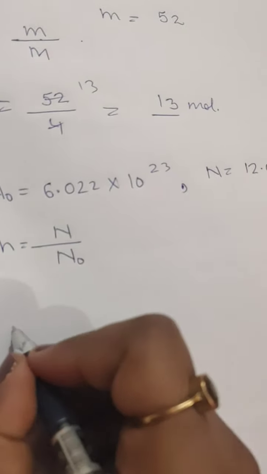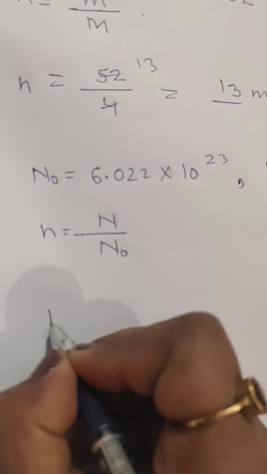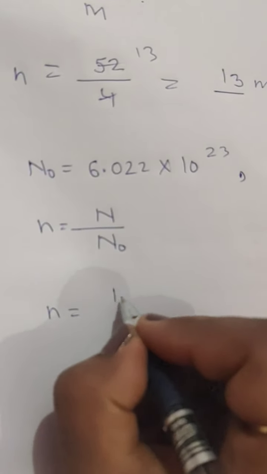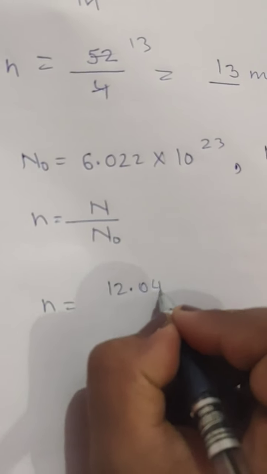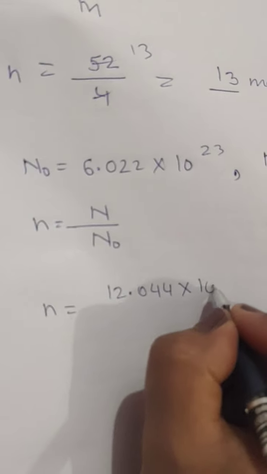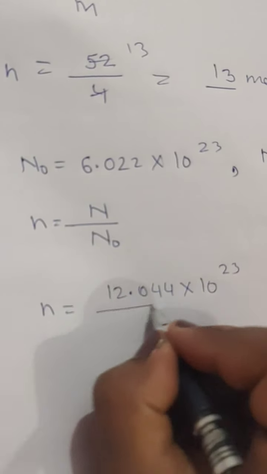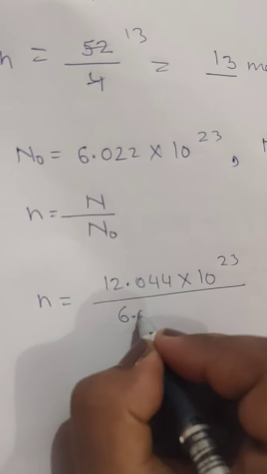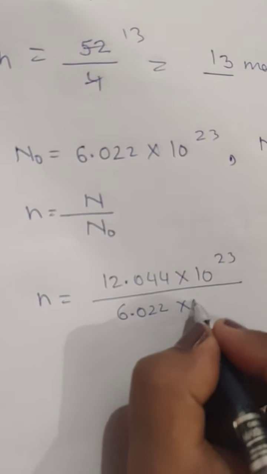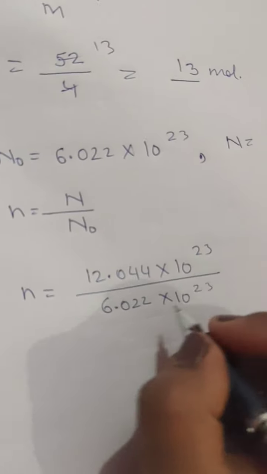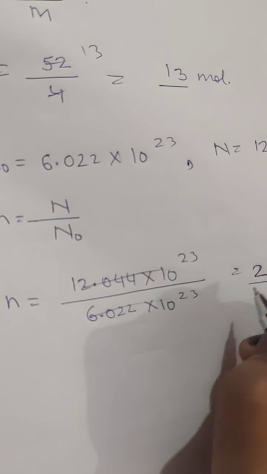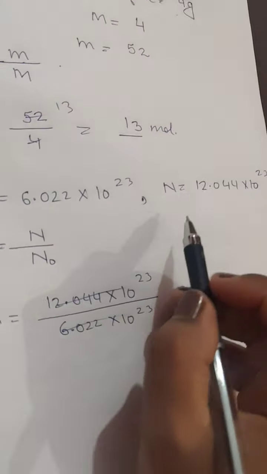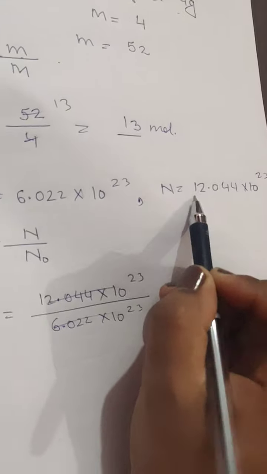Now we place the values in the formula. n equals 12.044 into 10 to the power 23 upon 6.022 into 10 to the power 23, which is 2. That means 2 moles will be present in this number of helium atoms.